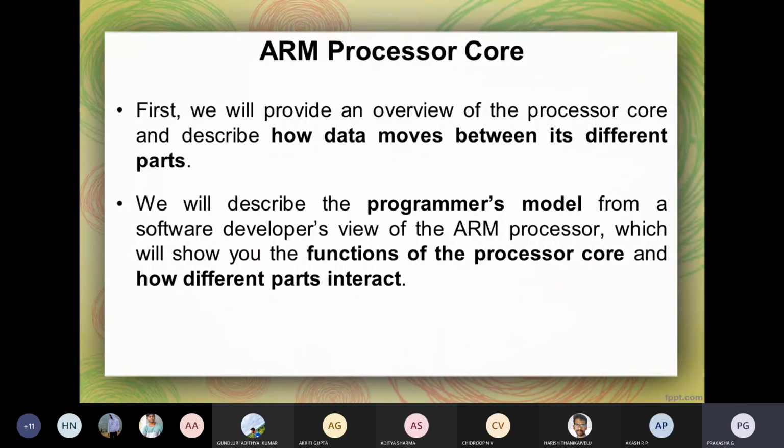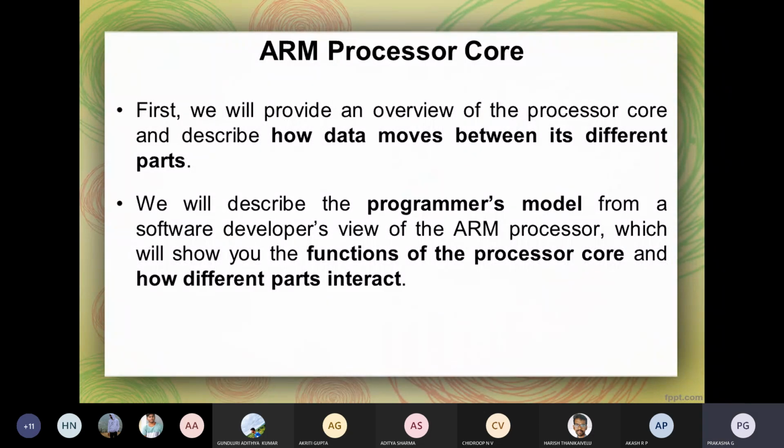ARM processor core, basically a core. First, we will provide an overview of the processor core and describe how data moves between its different parts. Here, we are not concentrating on the peripheral devices. Our main concentration is only on the core, that is, the ARM processor only.